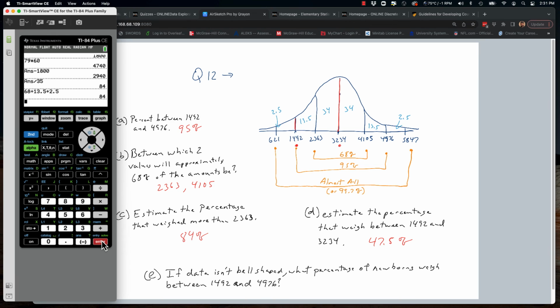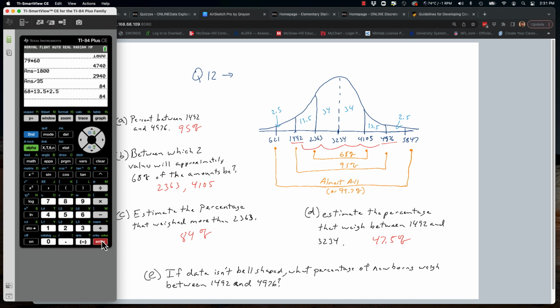Part E starts out by saying if the data isn't bell-shaped, what percentage of newborns weigh between 1492 and 4976. Let me write that number back down here for y'all. Well, if the data isn't bell-shaped, then we have to use Chebyshev's inequality. And the question is, how many standard deviation units are we above and below the mean at those two specific values? Well, again, just like in part A, we're 1, 2 above and 1, 2 below.